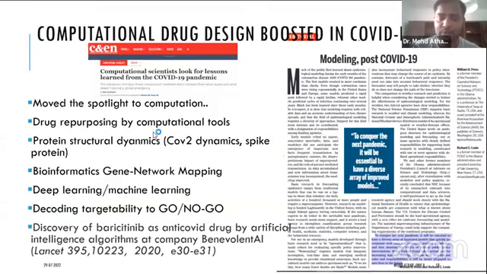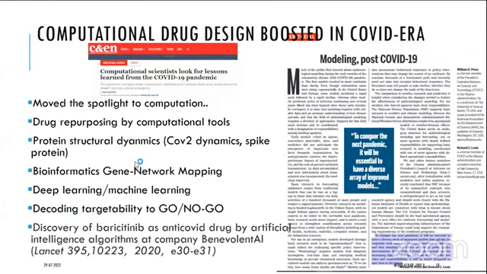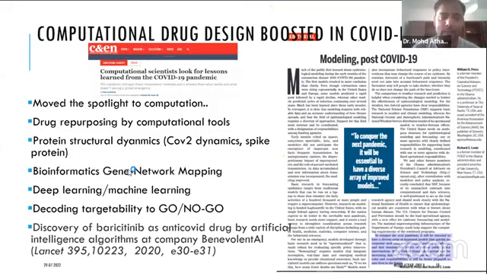Many compounds are in clinical trials for these appraisals, and especially for COVID drug development, most of the efforts have been initiated from the computational perspective. There are also a lot of gene networking and mapping analyses undergoing, and a lot of development has come recently in this field.